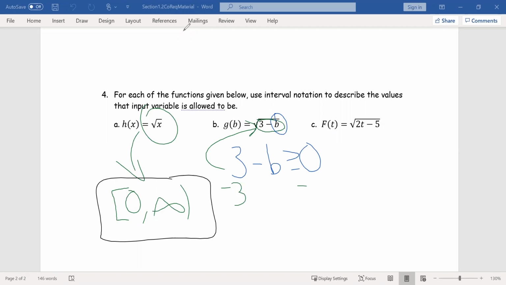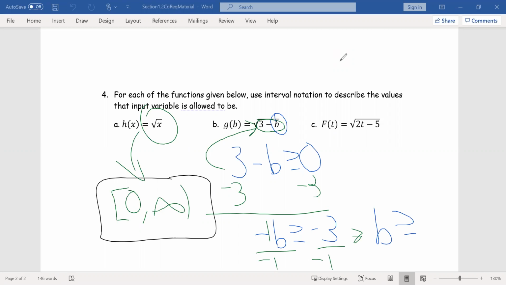Subtract 3 from both sides, so we'll end up with negative b greater than or equal to negative 3. Then we can divide by negative 1 on both sides to get rid of that negative b. Since we divided by a negative, recall that switches your inequality. So this will now become b is greater than or equal to 3.